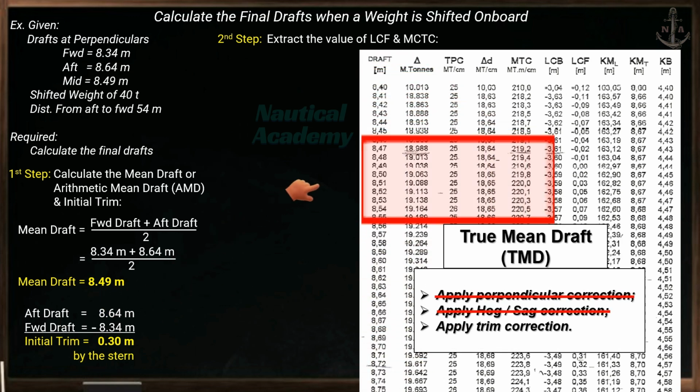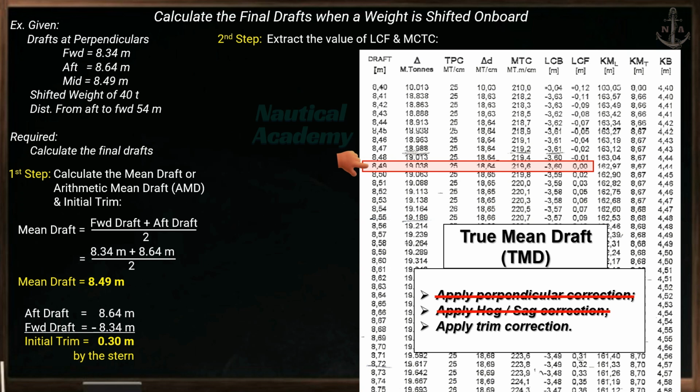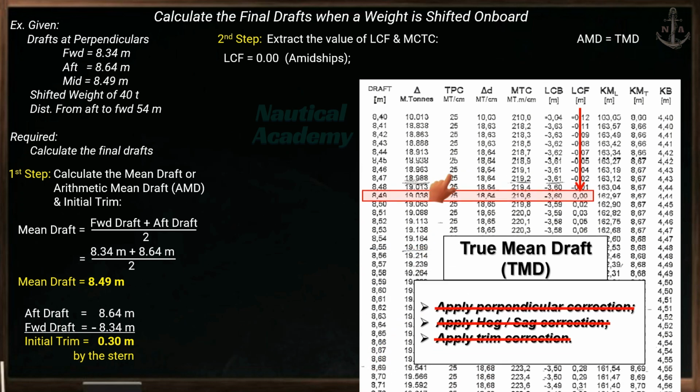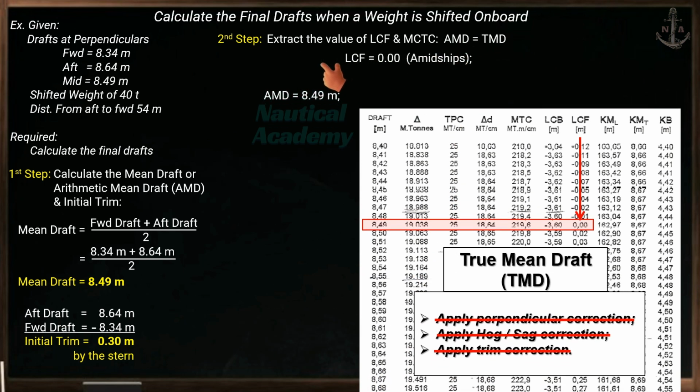At mean draft, 8.49 meters, the LCF is 0, meaning, the location of LCF is amidships. So whether the vessel is trimmed by head or stern, trim correction is not necessary, because arithmetic mean draft is equal to the true mean draft.